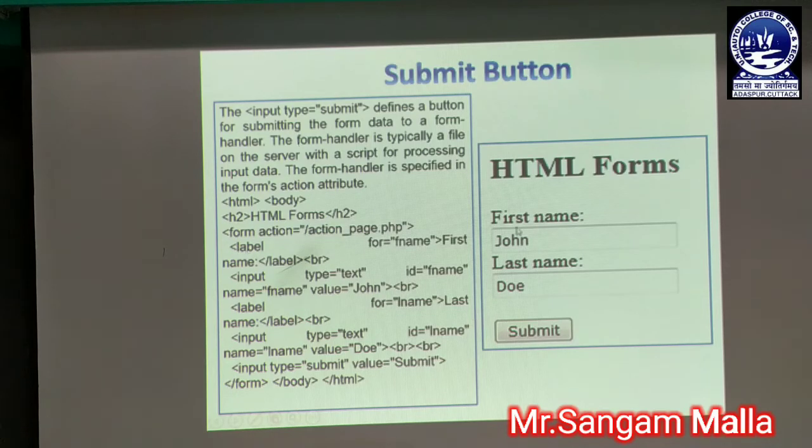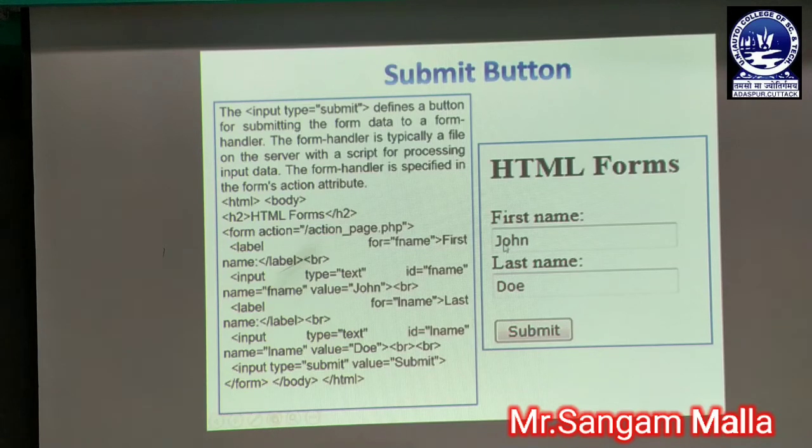Next comes our label. We have given first name as a label, so we have to use the label tag. The label is a container tag and we have inserted first name, so first name has been printed over here. Next comes our text box. We can easily implement a text box by writing input type equal to text. You can see that the text box has been inserted over here.